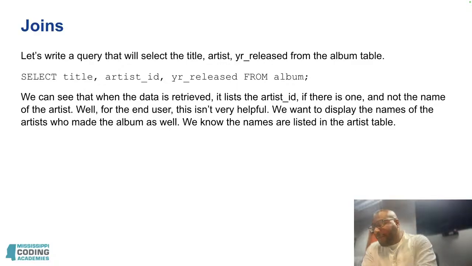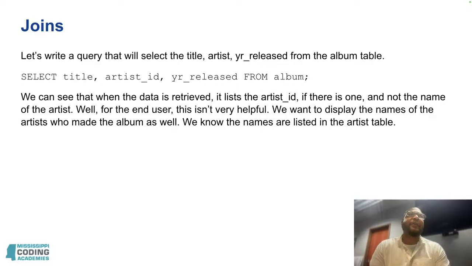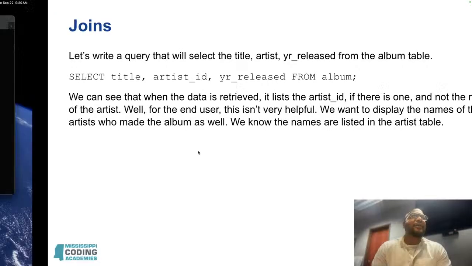Okay. Well, for the end user, when we're searching and want to pull up data, that's not very helpful. We want to display the names of the artists who made the album as well. We know the names are listed in the artist table.